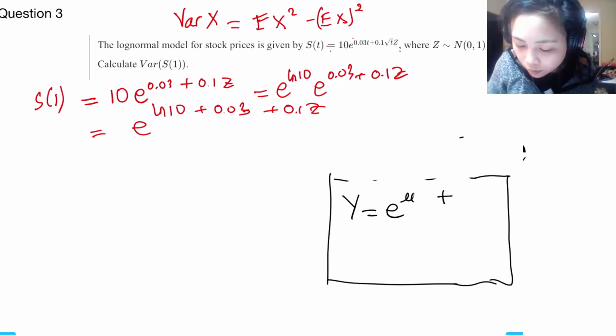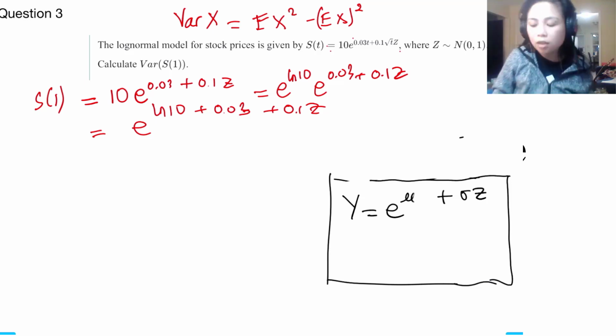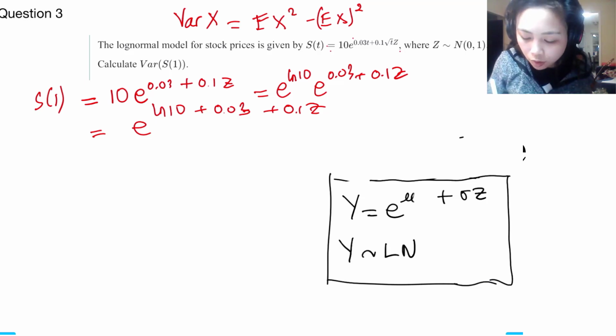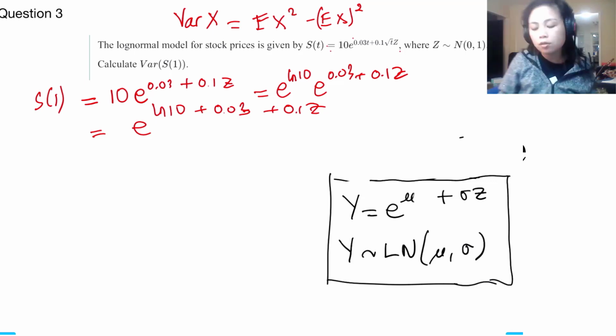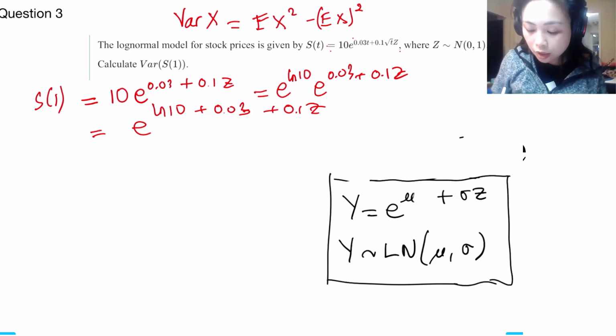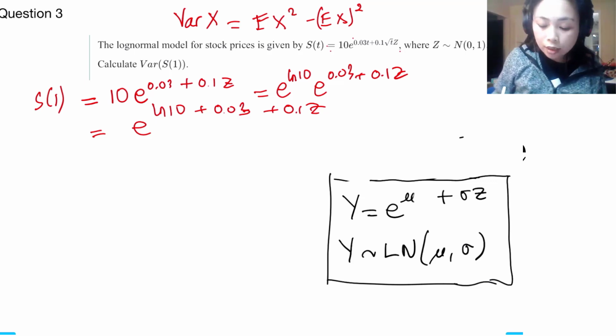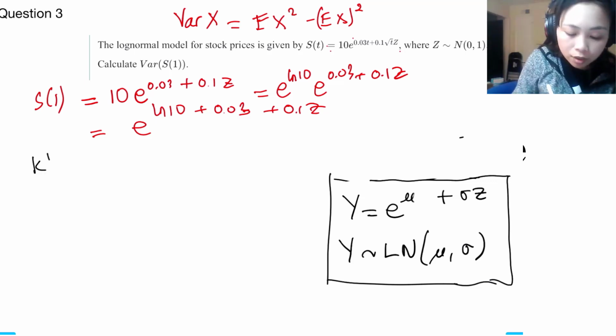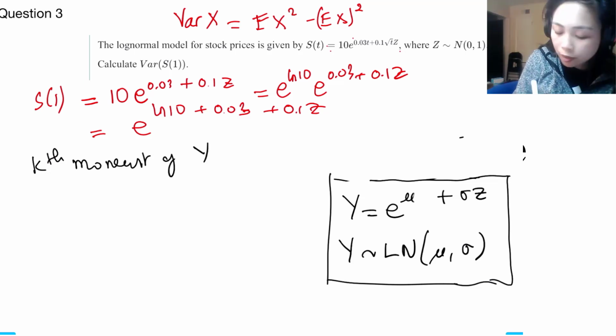So if we have the log normal distribution like this, then the k moment of y, E of y to the k, is equal to, by the formula, e to the mu times k plus sigma squared k squared over 2. So this is the formula to find the k moment. See that? So this is the second knowledge that we need to remember.